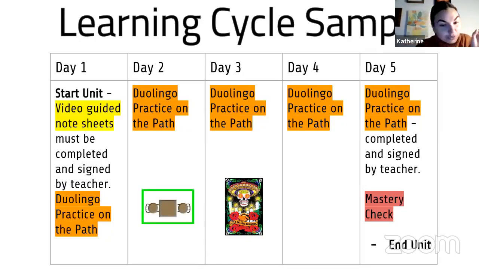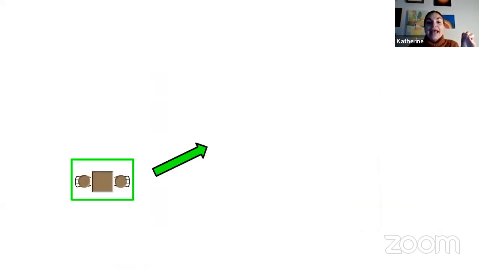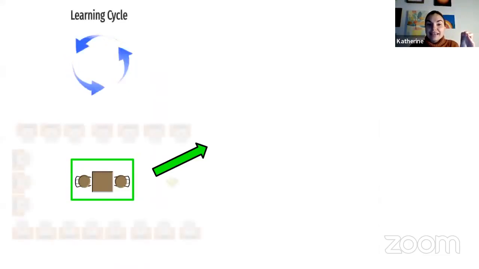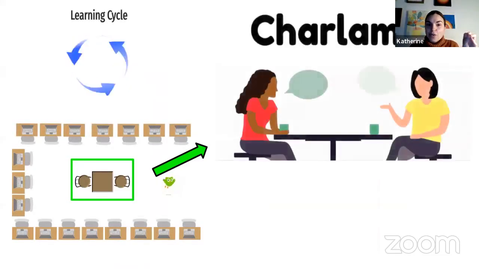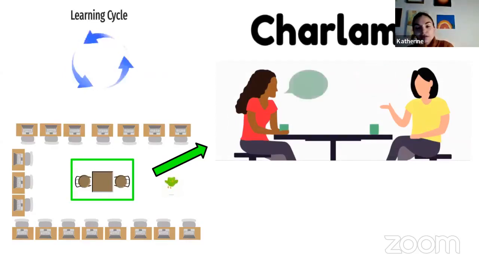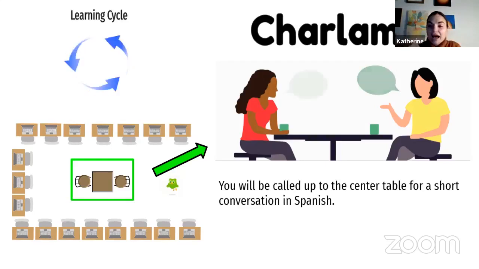And then you may recall from one of the first slides, I had a little table in the middle of the room. What happens at this table is, while this learning cycle is happening, and while some students are getting a little tired of doing the same lesson, I call students up for some short conversation in Spanish, and I call that table talks.